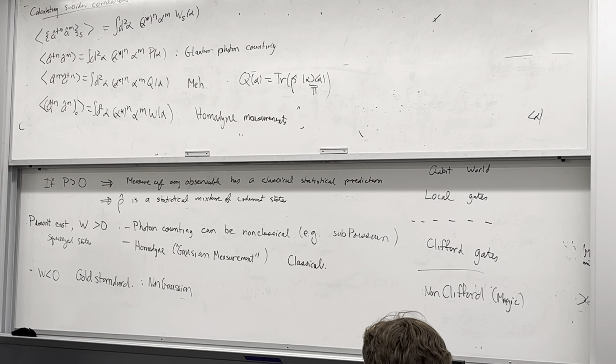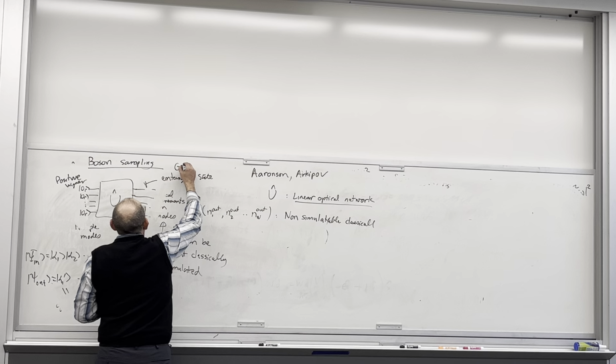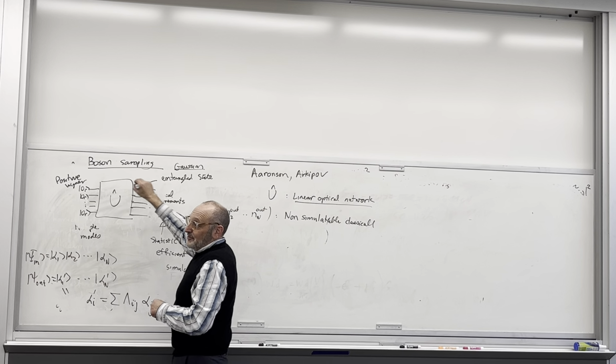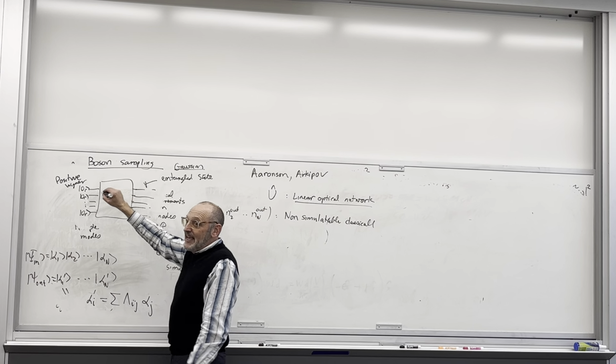The linear optical network takes a Gaussian state and preserves the Gaussianity. This will be a homework problem. So linear optical networks will take a set of squeezed states to an entangled set of squeezed states.